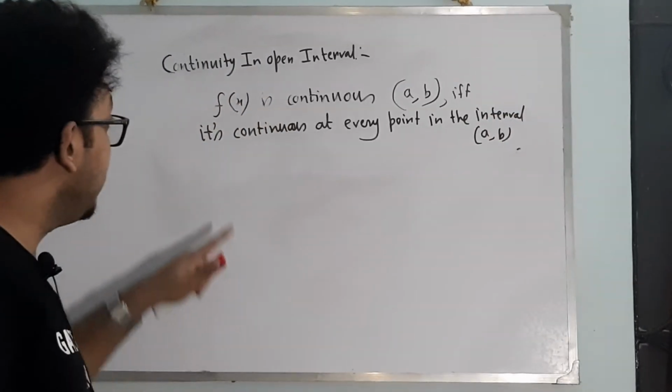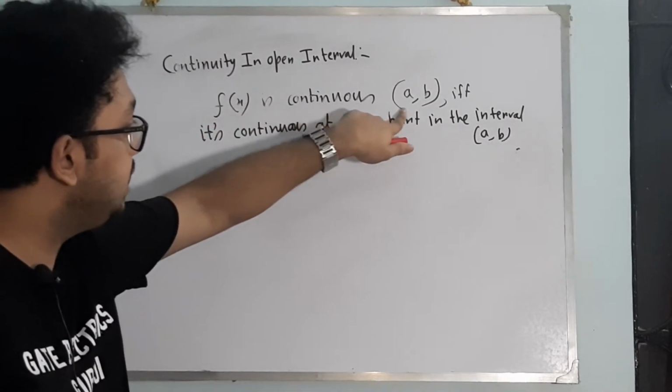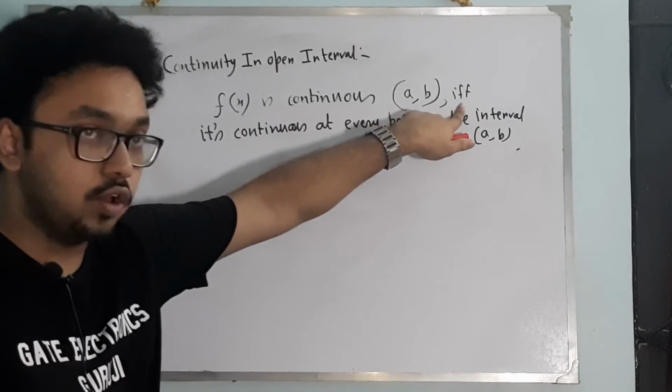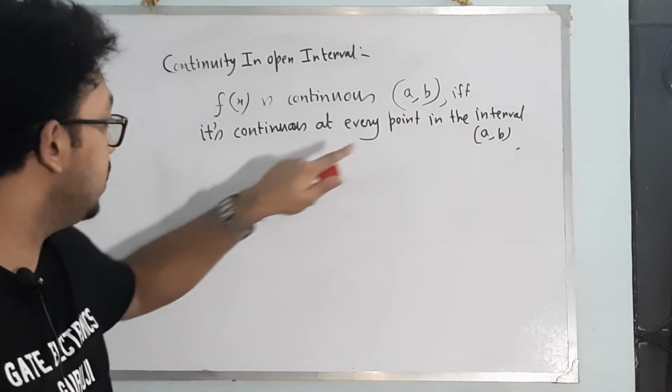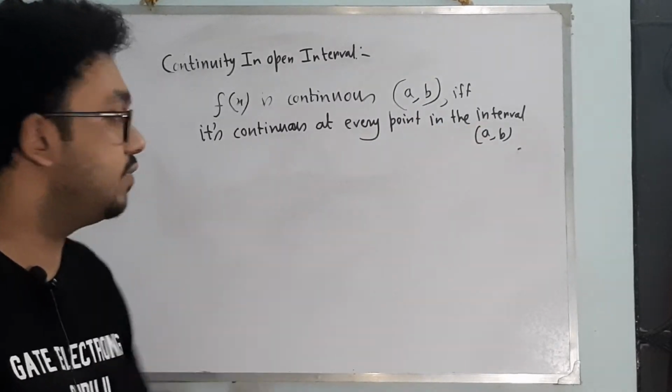So I am again repeating, a function f(x) is said to be continuous in open interval a comma b if and only if, IFF means if and only if, the function is continuous at every point in that interval a comma b.